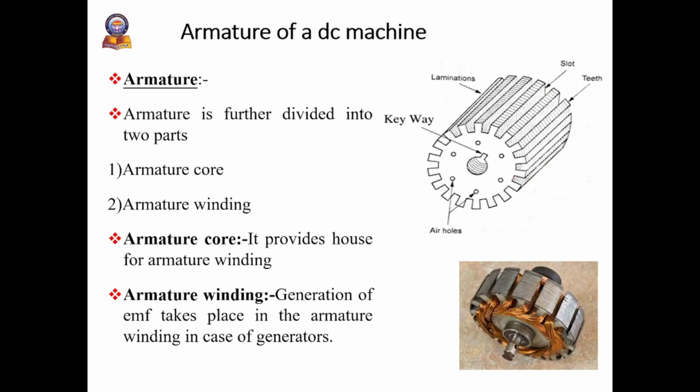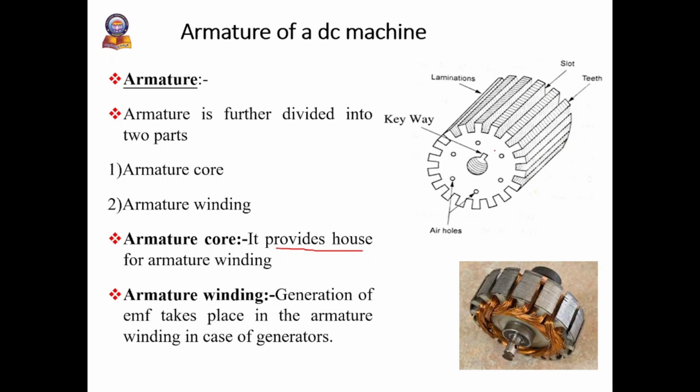These permit the circulation of air through the armature for cooling purposes. Then what is the purpose of this armature core? Generally the armature core provides a house for the armature windings, that is the armature conductors, and it also provides a path of low reluctance to the magnetic flux produced by the field winding. Then with what material is the armature core made? It is also made up of cast iron or cast steel.